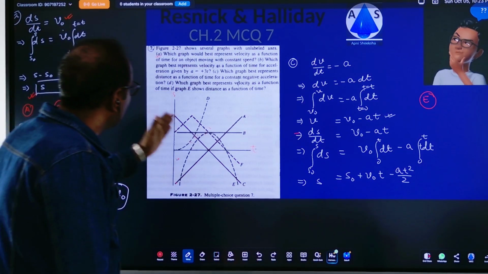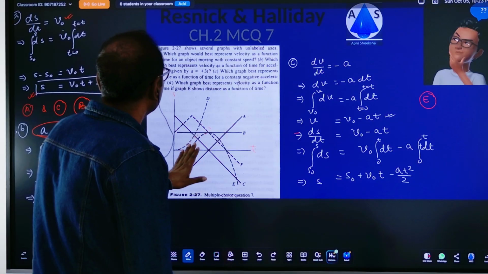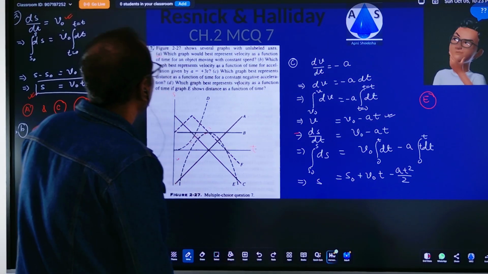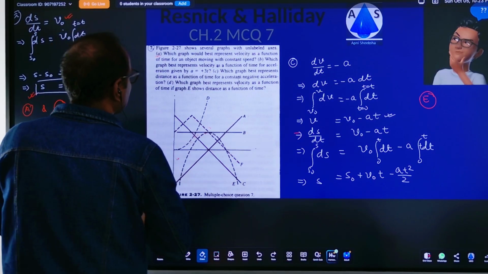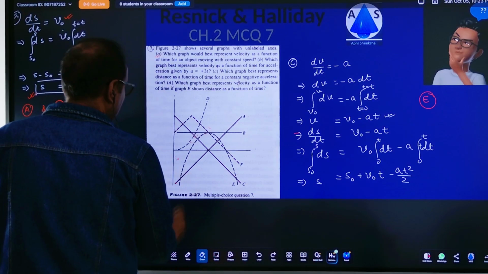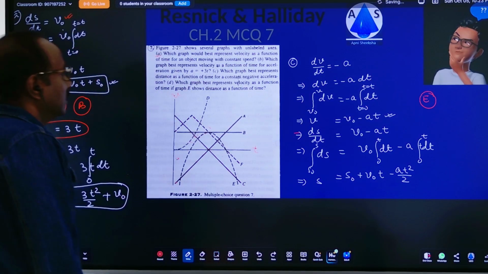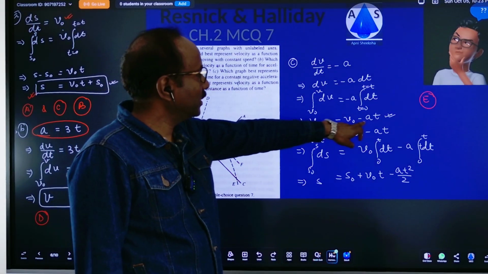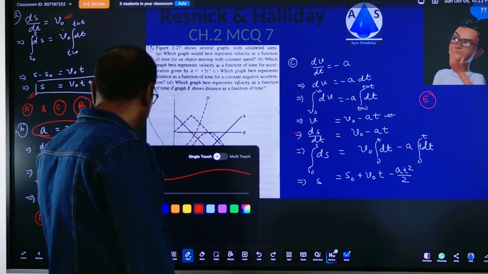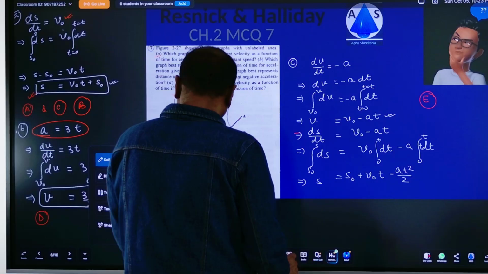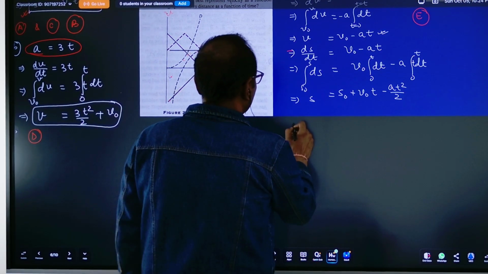So which graph out of these best represents velocity as a function of time? Means this one is velocity and this is time. So we should see this equation for that. We are working now on part D.